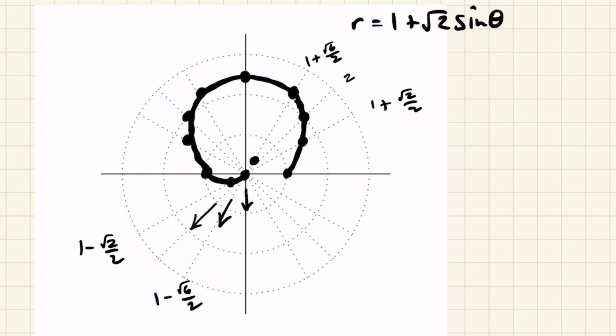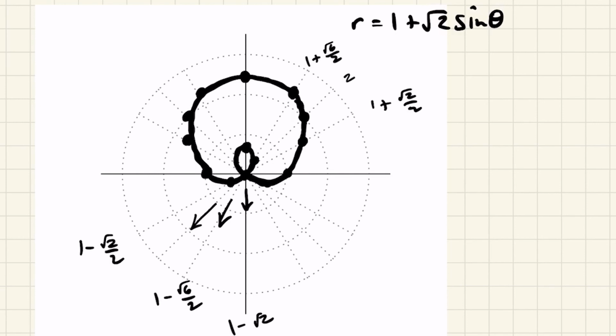At 3 pi over 2, sine of 3 pi over 2 is negative 1. So at this part, we're going to have 1 minus root 2, which is 1 minus 1.4. That's about negative 0.6. And we know that this is going to reflect this way and close itself off like that.